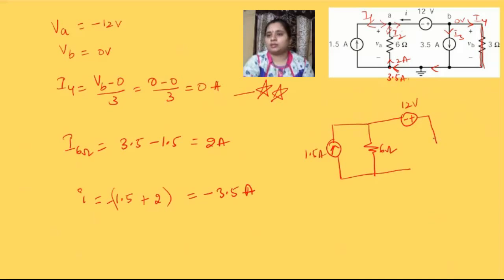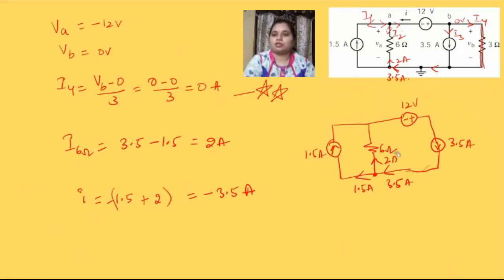And there is a current flowing of 3.5 amperes at this junction. As this junction divides into two currents, the 3.5 is divided into two parts. This is 1.5 ampere, so the leftover current is 2 amperes.